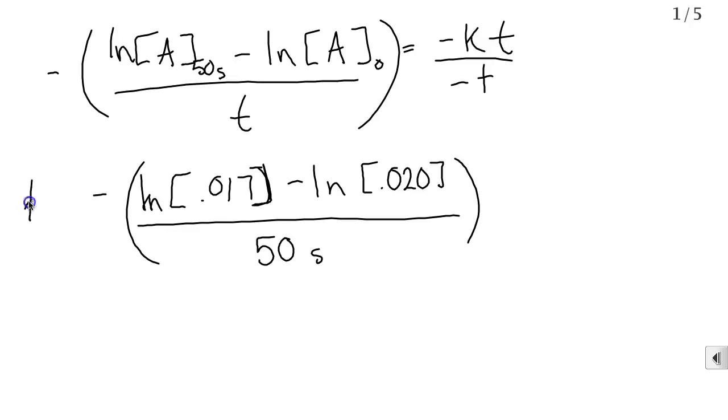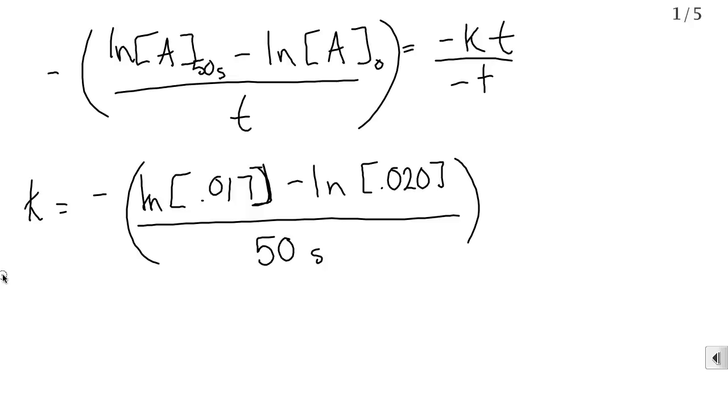So now you're just going to use your calculator, and you're going to solve for k, and that'll be our rate constant. You have to use a lot of parentheses with this, okay? So be careful.